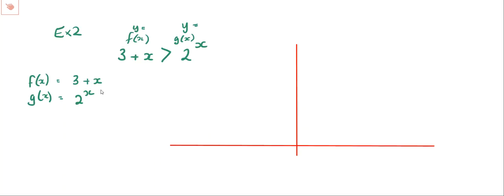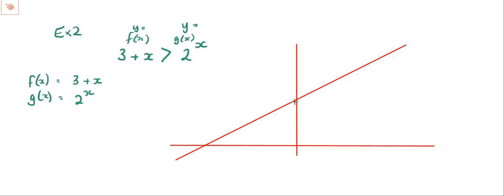We're lucky we've got it in the book, but you'll do this on your calculator. If you were to do this on your calculator, you will see that one of them looks like that. Which one, f of x or g of x? F of x, because it's a straight line, 3 plus x.